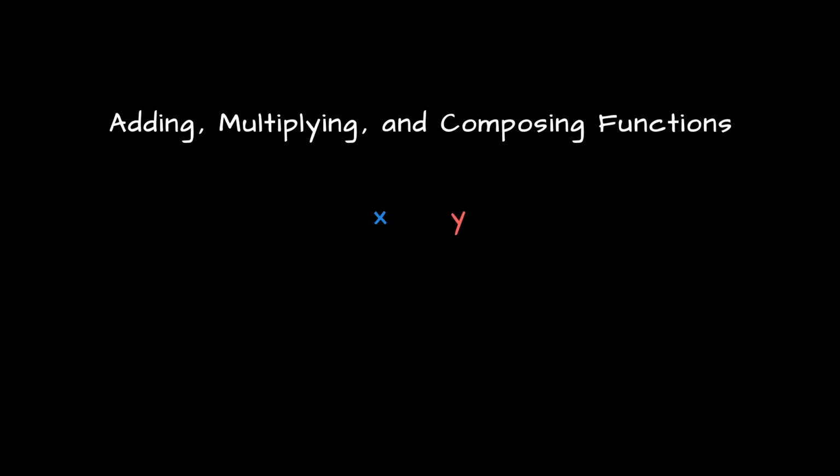If we take two numbers, x and y, and here x and y are just arbitrary real numbers, then it's of course possible to add them together. Addition is a well-defined operation on real numbers.